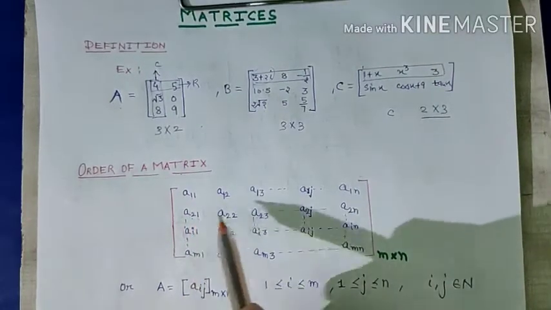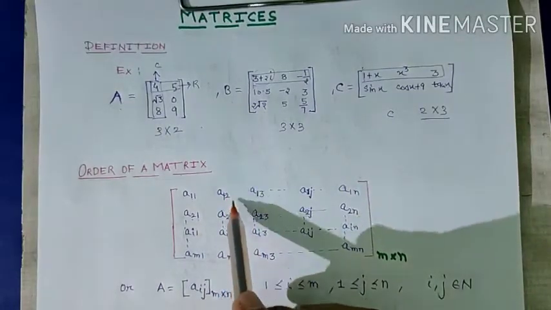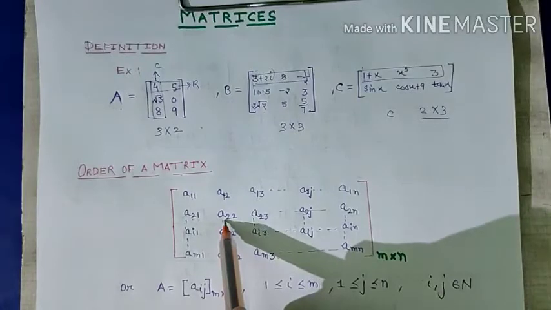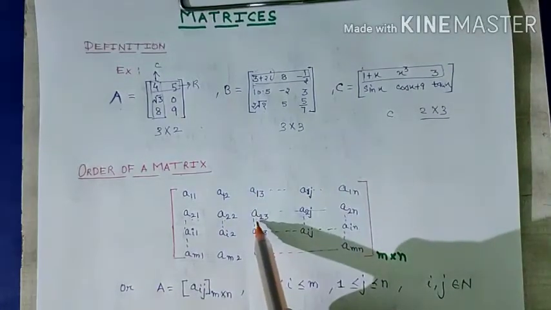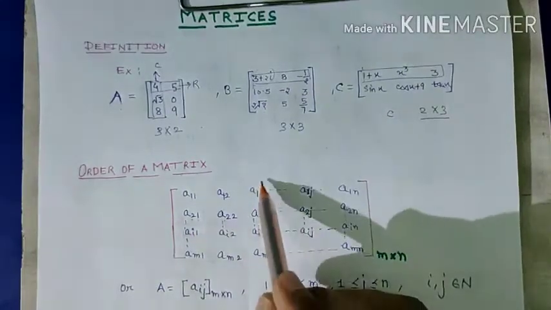So A21. A22, second row, second column. First we write the row number. Here also, second row, third column.